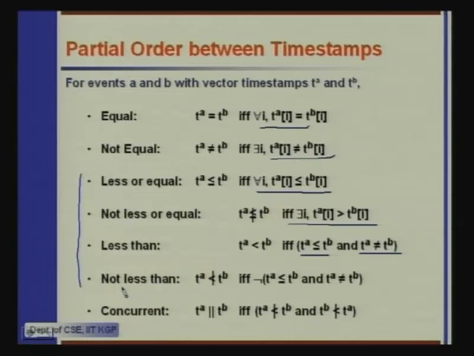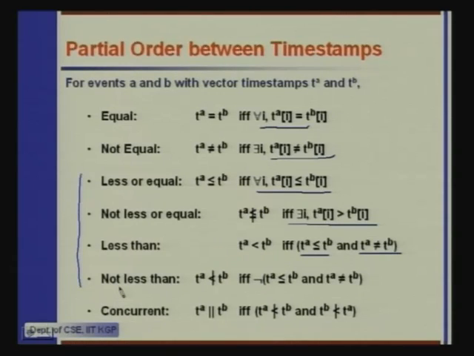So, it is possible that two timestamps are such that neither is Ta less than Tb, nor is Tb less than Ta, and nor are they equal.